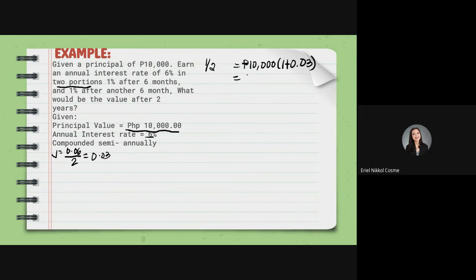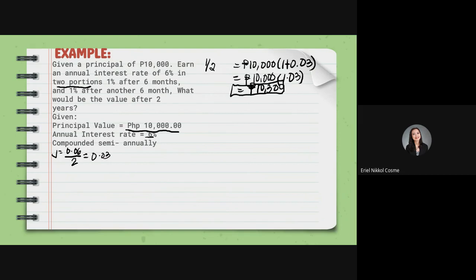Next, use your PEMDAS first, the parenthesis: 1 plus 0.03 is 1.03. So, 10,000 multiplying by 1.03 is 10,300. So, this is for the half year. This is the first 6 months.